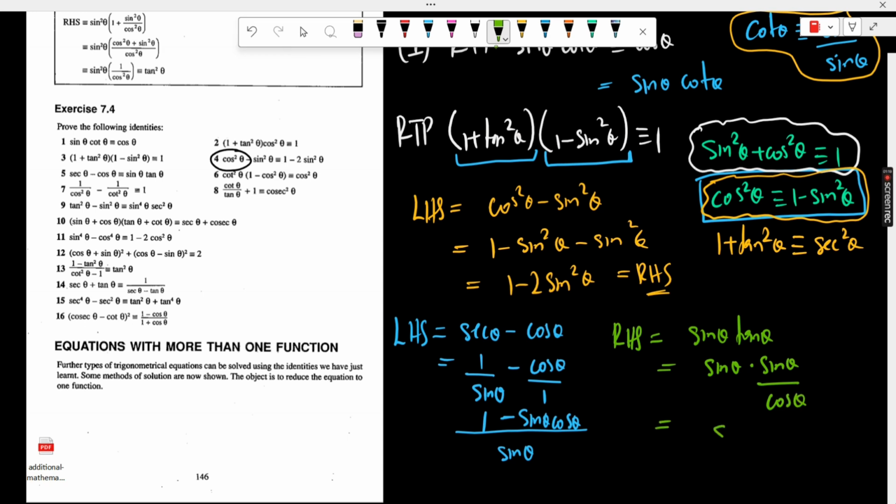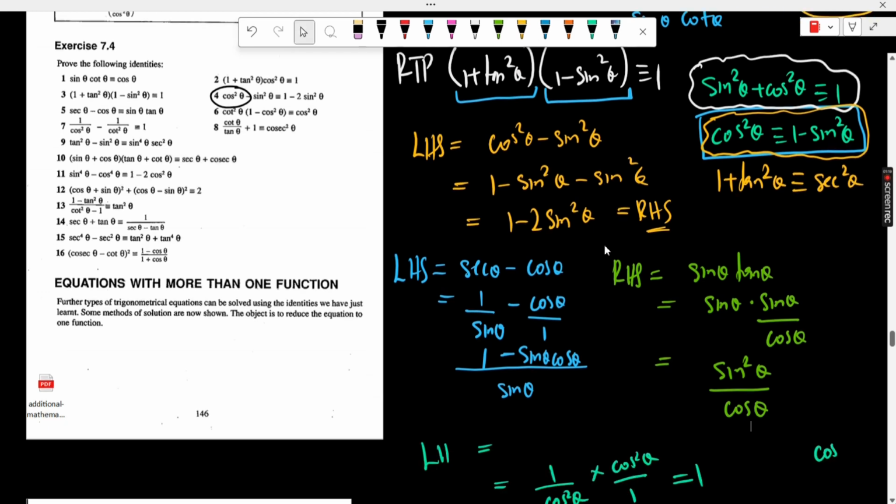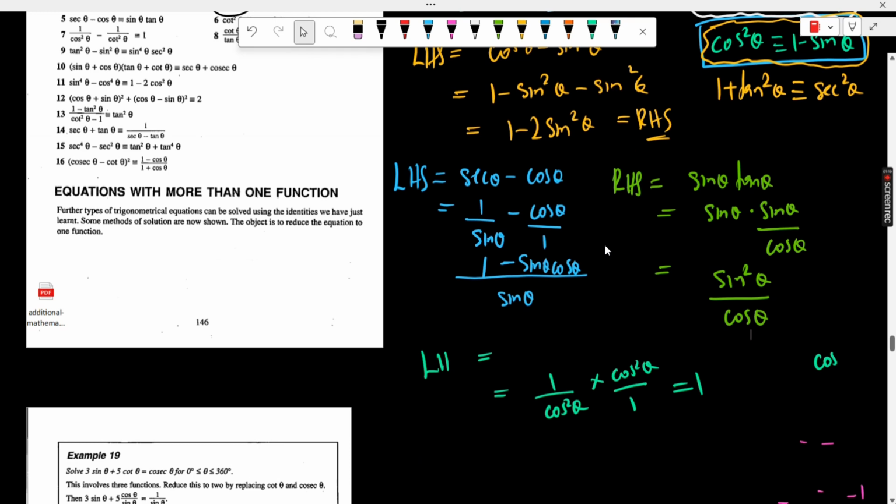And this, of course, will give me sine squared theta over cos theta. Where do we go from here? So let me see, that is sine theta tan theta, sine over cos, sine squared theta over cos theta. So what I could probably do is make some space here.